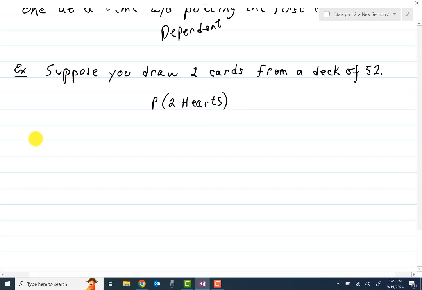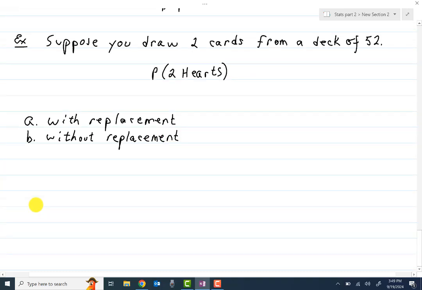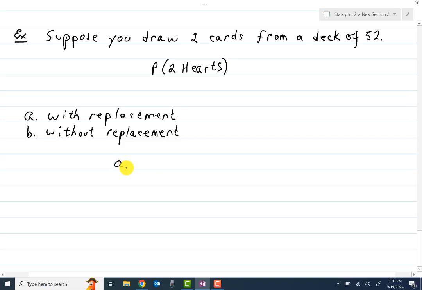So there's 2 parts to this question. Part A we'll do with replacement, and B without replacement. We'll start with A. So what we want is a heart on the first card and a heart on the second card. With replacement, probability of 2 hearts.